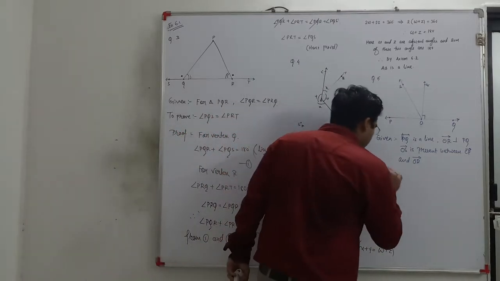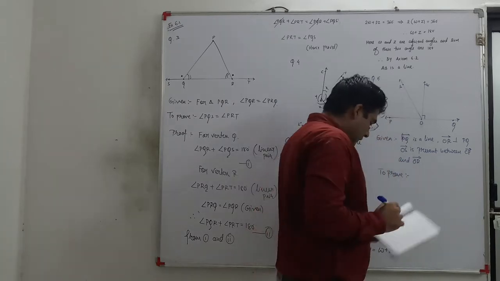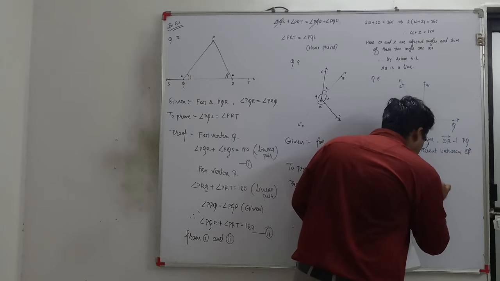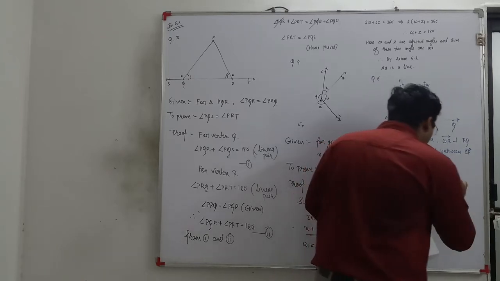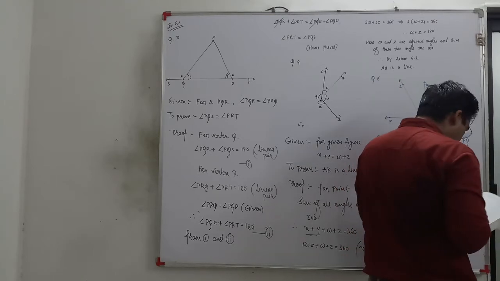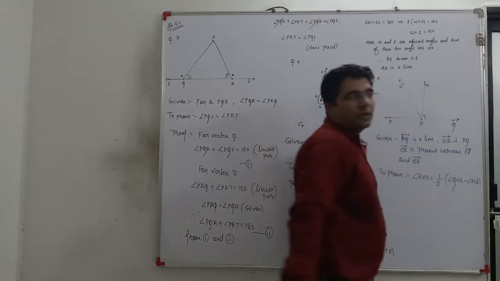We need to prove that angle ROS is equal to half of (angle QOS minus angle POS).